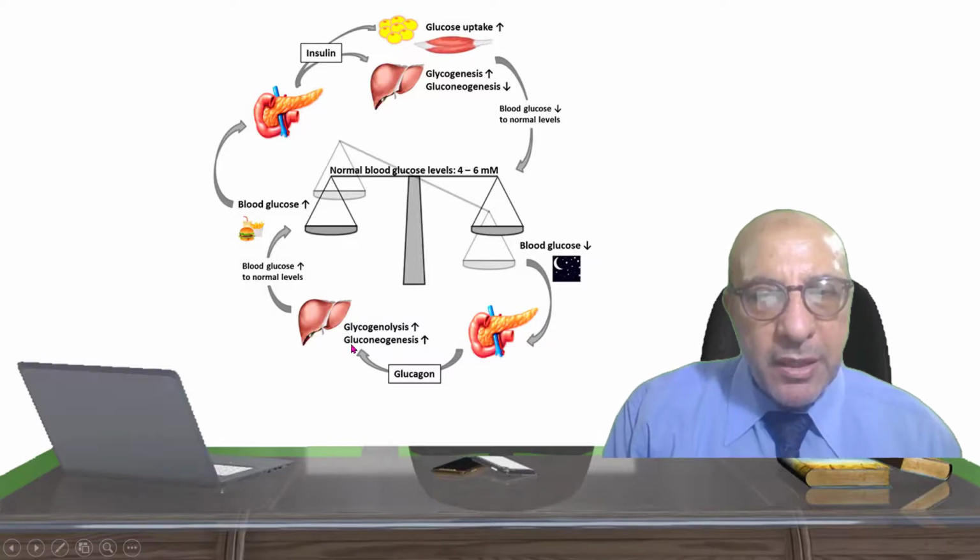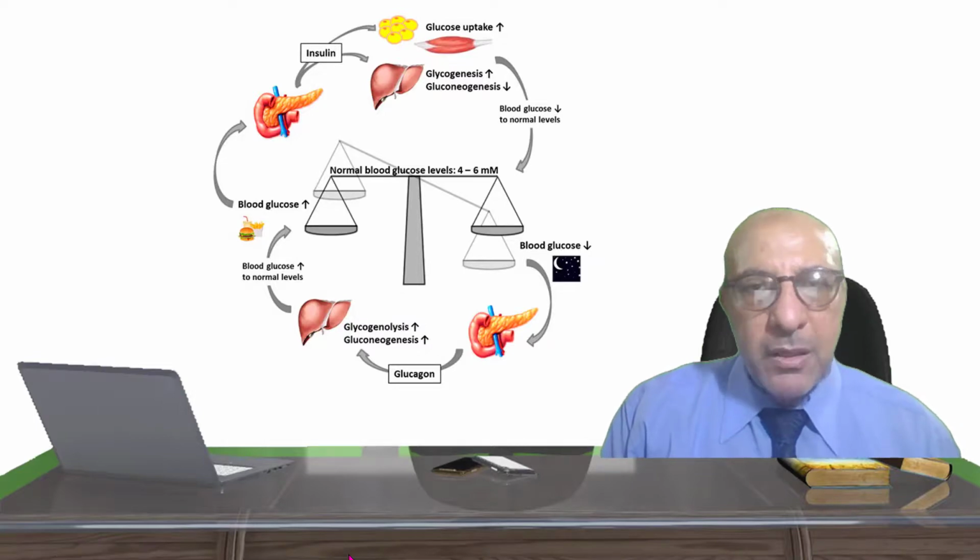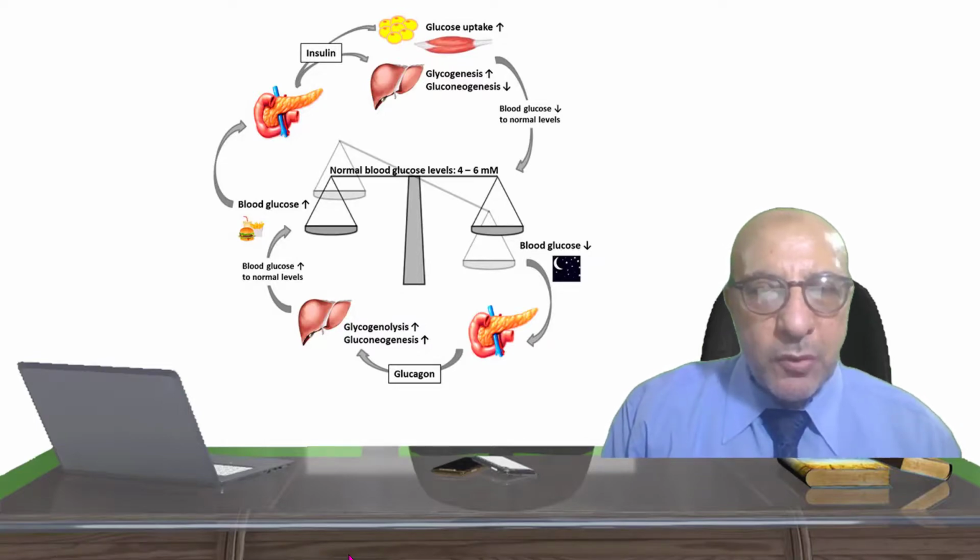This balance between insulin and glucagon is the main mechanism maintaining homeostasis for glucose all the time. This concludes our discussion for tonight.